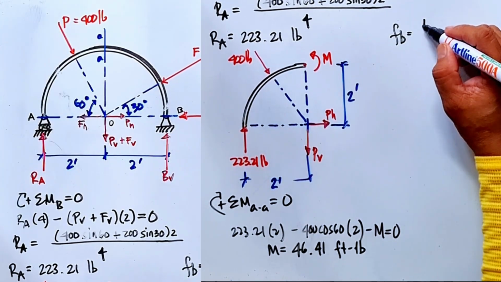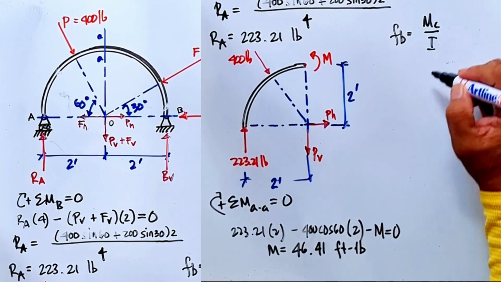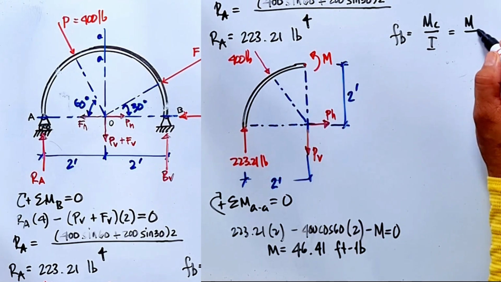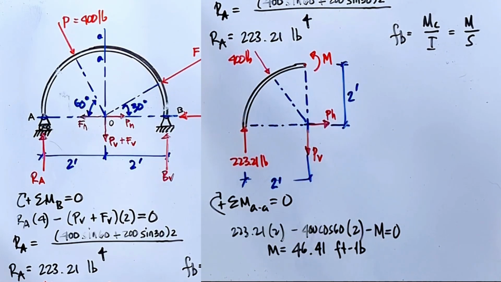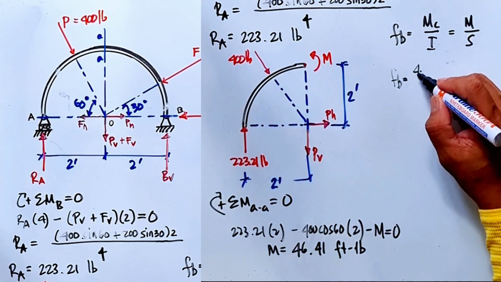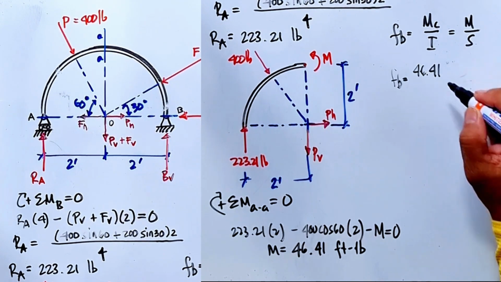And then we will solve for the flexural stress or bending stress. It's given by the equation Mc over I, or it's also equal to M over S, where S is the section modulus, which is also equal to I over c. The section modulus for a circle is S equals pi d cubed over 32. The diameter is 1 inch, therefore our bending stress is M, 46.41 foot-pounds.